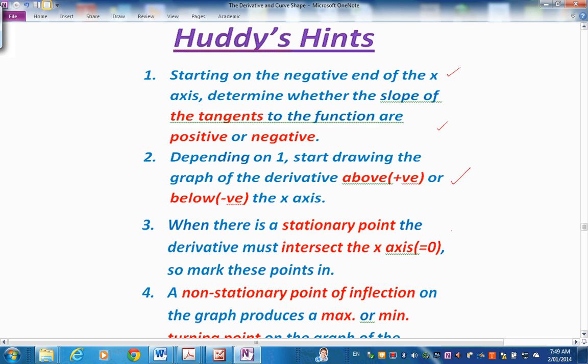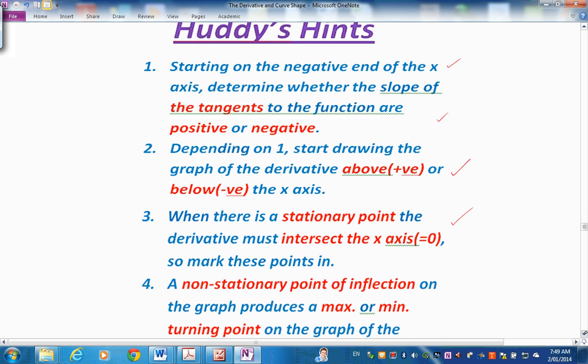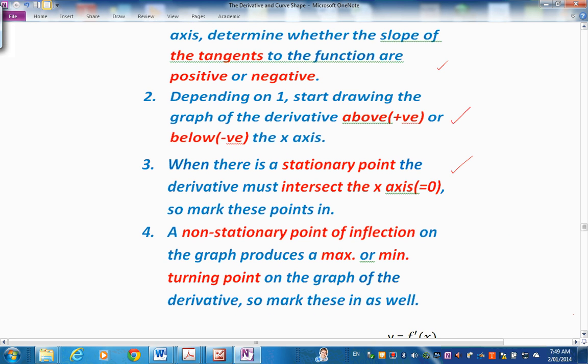When there's a stationary point, the derivative must intersect the x-axis, whatever that is, the first or second derivative, depending on the function you're working with. So mark those points in, just like I did. And then a non-stationary point of inflection on the graph produces a max or a min turning point on the graph of the derivative, because a point of inflection gives you the maximum or minimum value of the slope of the tangent.